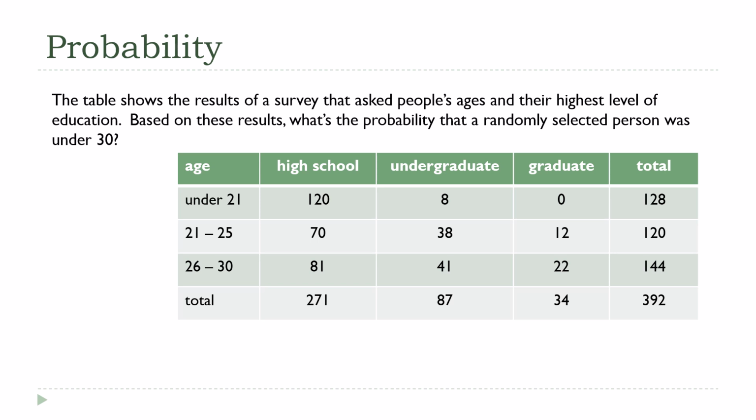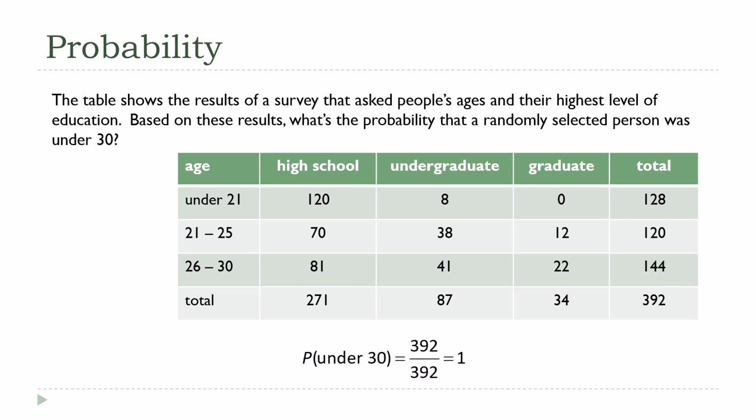So let's try another one here. Very similar. What's the probability that a randomly selected person was under 30? And now I'm going the other way. Well, use the formula. The number of people under 30 in the survey is 392. That's our numerator. The denominator is still the sample size.